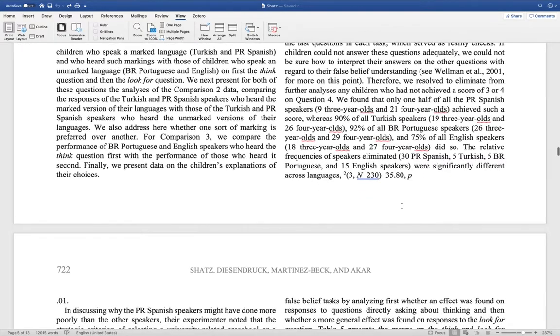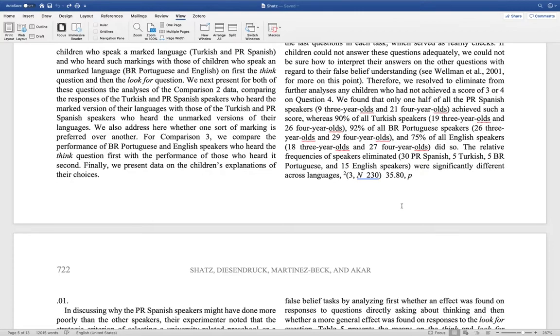The relative frequencies of speakers eliminated were 30 Puerto Rican Spanish, 5 Turkish, 5 Brazilian Portuguese, and 15 English speakers. I might also have to remove my English condition, frankly. I don't know what's going on there either. Like, look at the other conditions. They're so much better. And so for me, if this were my study, I'm taking it and saying, look, I don't really trust the English data, and I don't really trust the Puerto Rican data either.